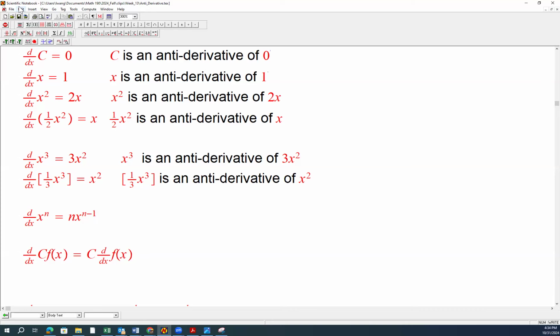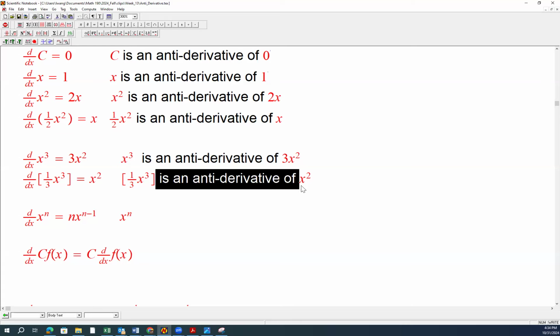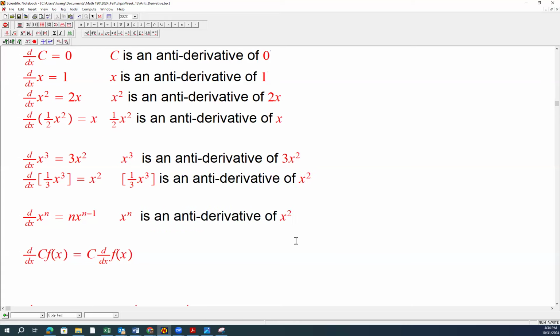Please derive it with me, because from this point on, we're going to be using this formula. And of course, we can say x to the n is an antiderivative of n times x raised to the power of n minus 1.